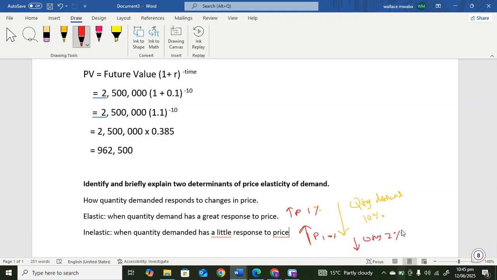It can be elastic, where quantity demanded has a great response to changes in price, or demand can be inelastic when quantity demanded has a little response to changes in price. So now this question is asking us to identify and explain two determinants of price elasticity of demand.